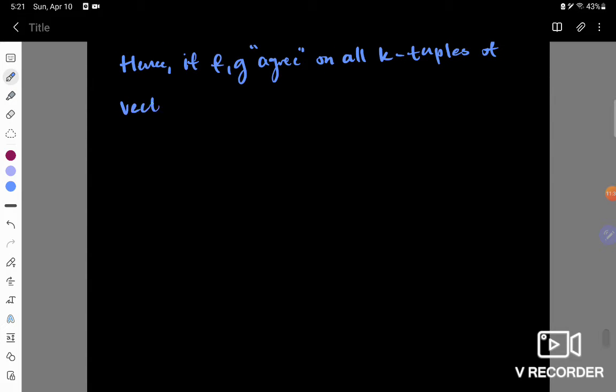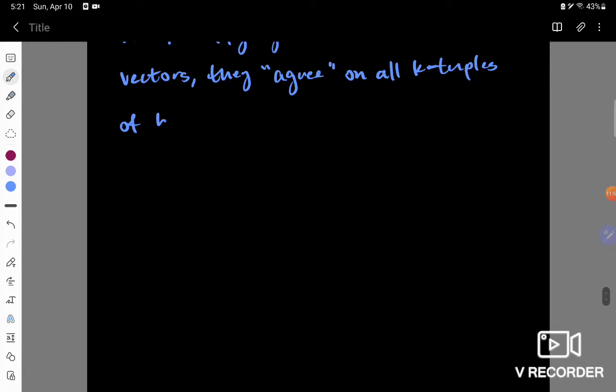K-tuples of vectors they agree, I want this to be legible, sorry, on all k-tuples of basis elements. Okay, so that's our result here.